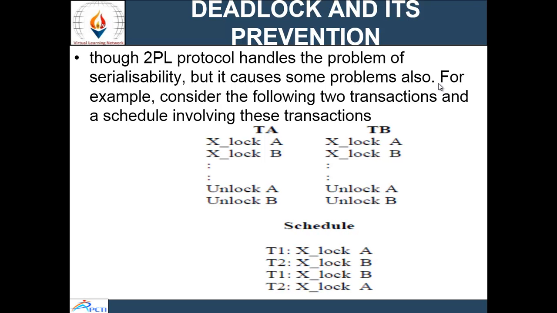Two-phase locking may not be free from irrecoverability, and strict two-phase locking is two-phase locking plus every exclusive lock of a transaction should be held until the transaction execution is completed.